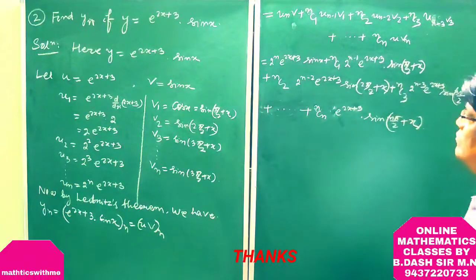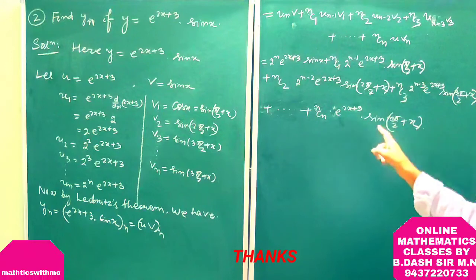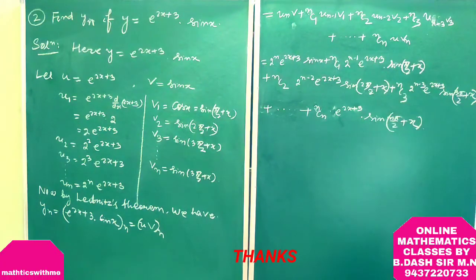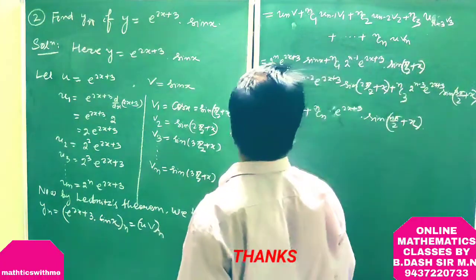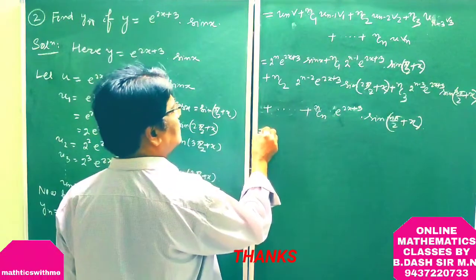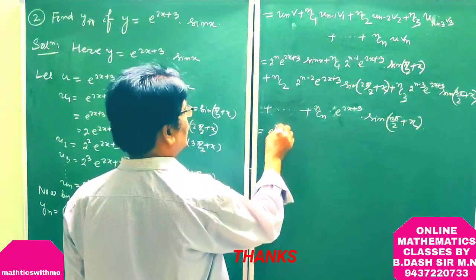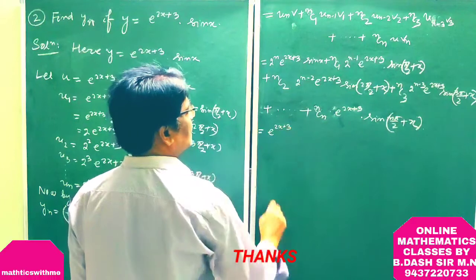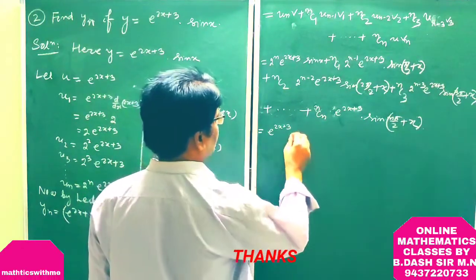So after putting the values, we get this expression in Leibniz theorem. Here this is equal to e to the power 2x plus 3 common.